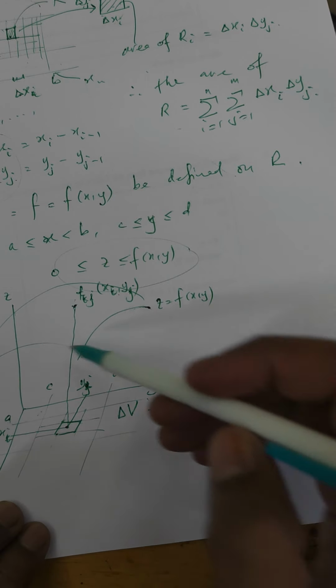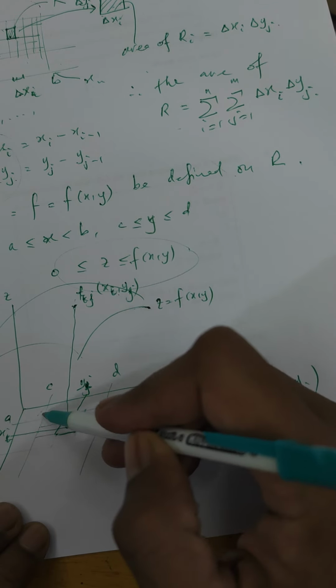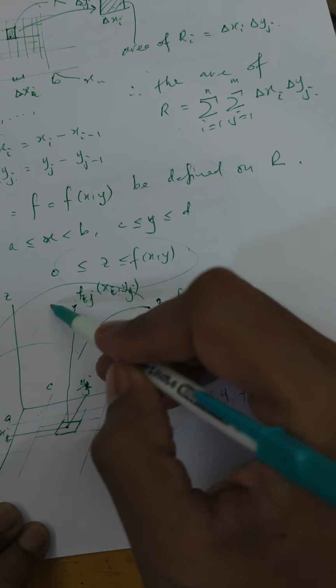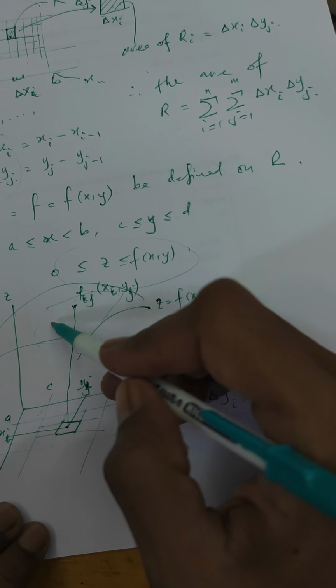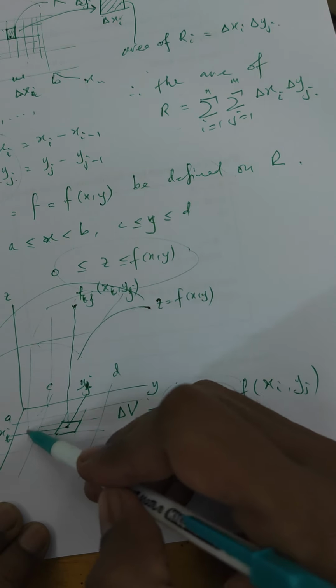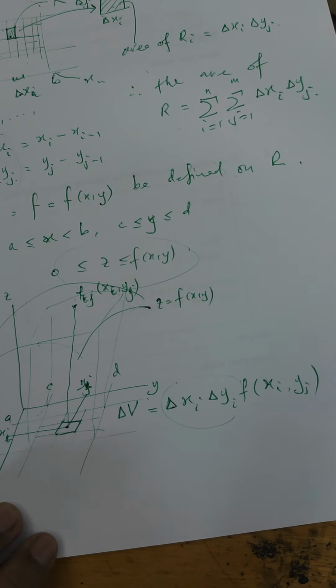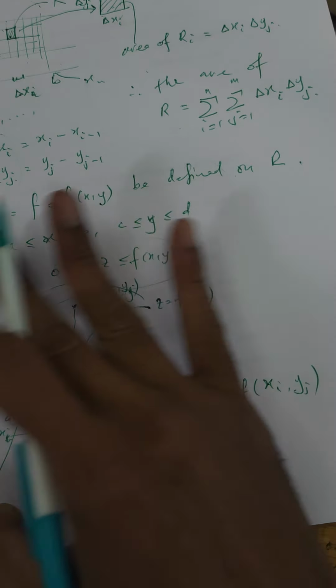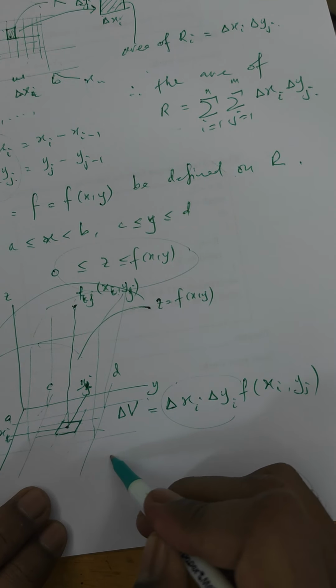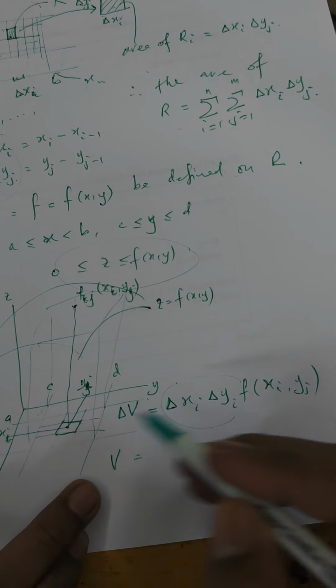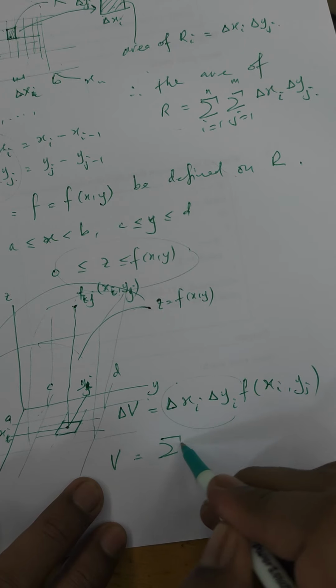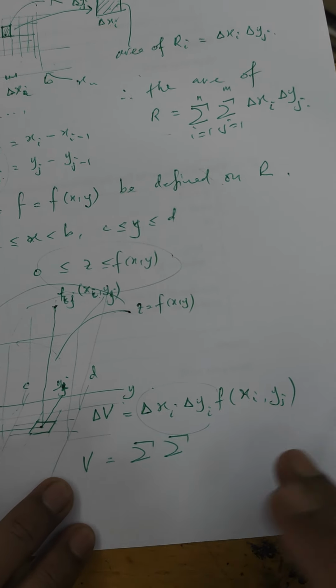So to find the volume for the whole region bounded by all those things, inside there, we need to sum up each of those pieces.